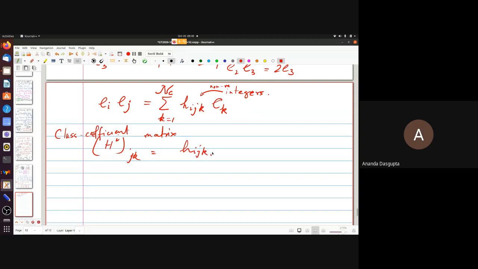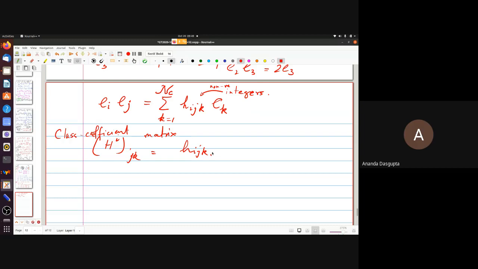Okay, so you can now think of it like this: acting by Ci on the class Cj is sort of like the matrix Hi acting on an nc-dimensional vector with coefficients C1, C2, C3 down to Cn.